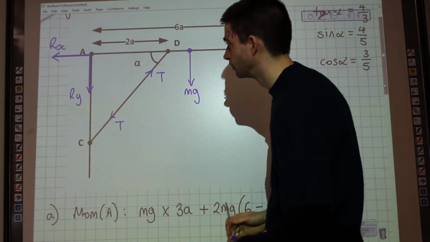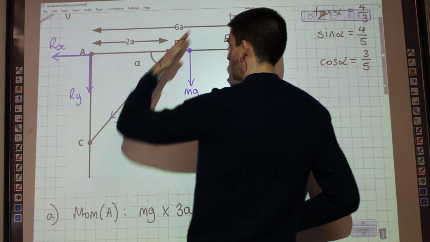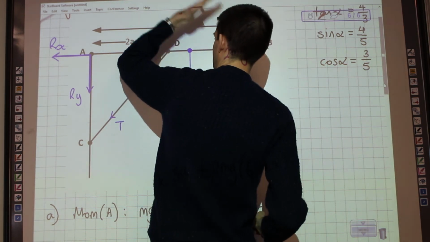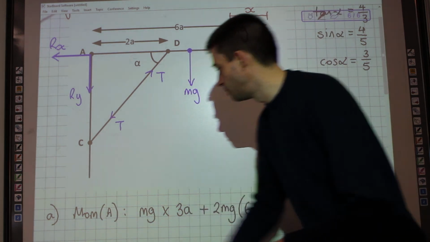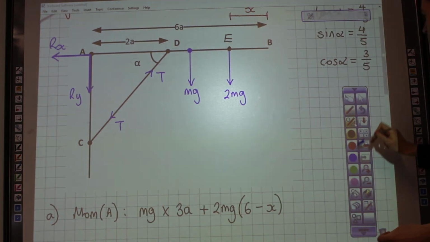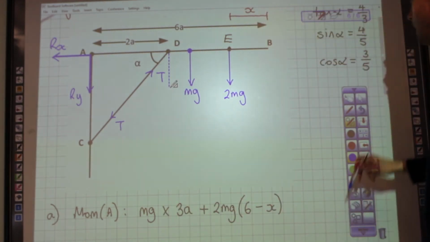They are the two forces trying to make this plank rotate in a clockwise direction. The force trying to make it rotate about here in an anti-clockwise direction is this thrust. Now you'll remember in the previous example I drew on the component of that force this way here.